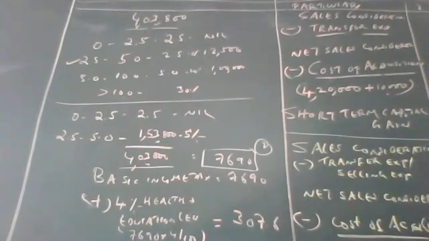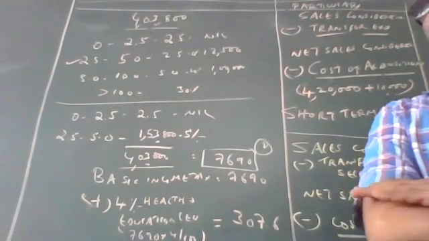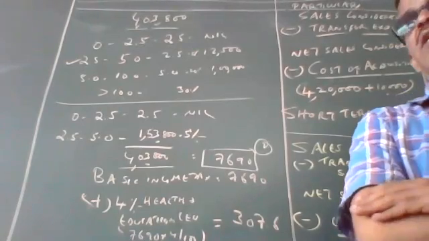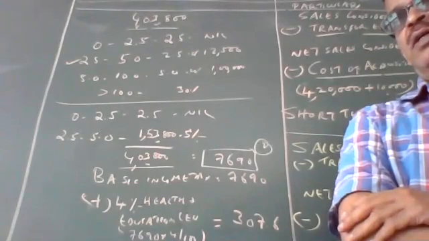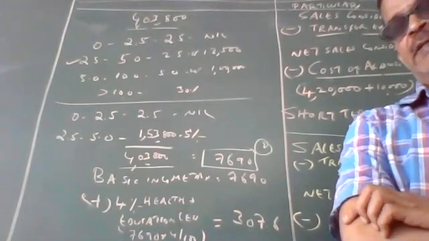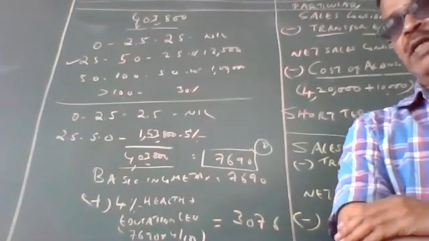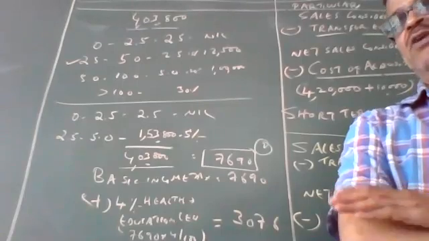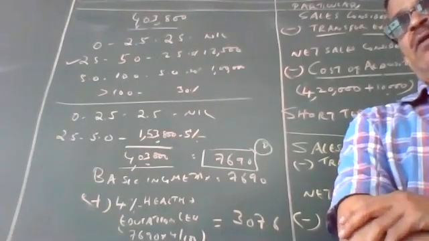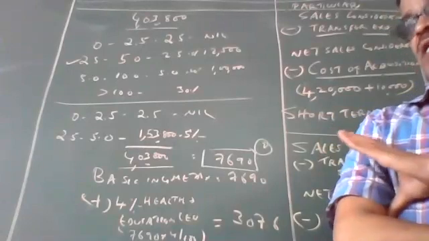Don't skip that. You take all the receipts related to the professional part, and from receipts you deduct all the payments concerned with your profession. This is a very easy one.